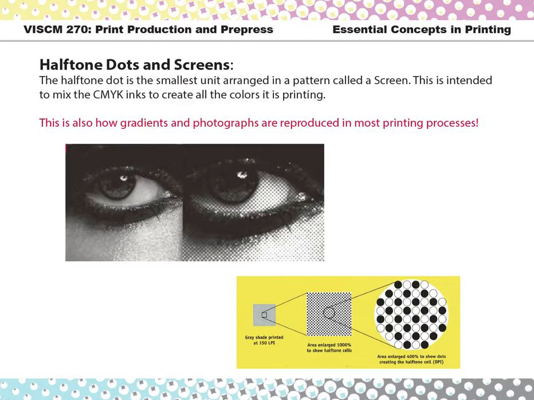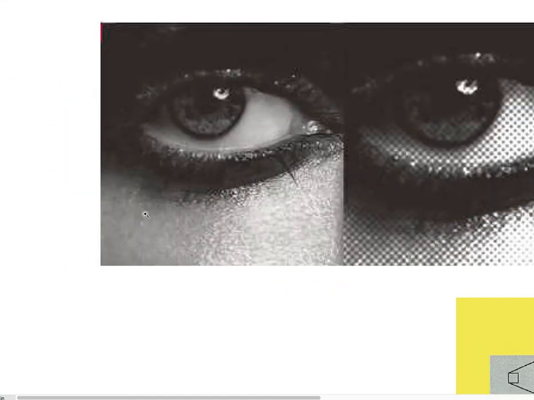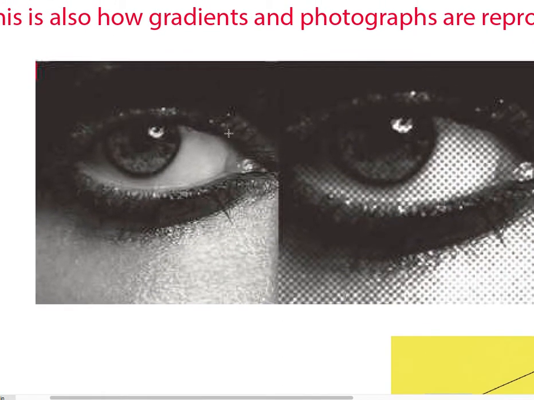If you look at this eyeball picture on the left, there is a photographic quality to it where it has these shades of gray. Sorry, there's a little bit of digital artifacts going on there. There are shades of gray that in a photo developed with film, you get through the chemical process.